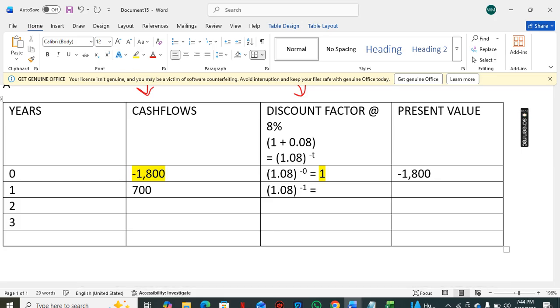So we get our calculators. 1.08 to the power negative 1 gets 0.925. Then you see 700 multiplied by 0.925 gets 648.